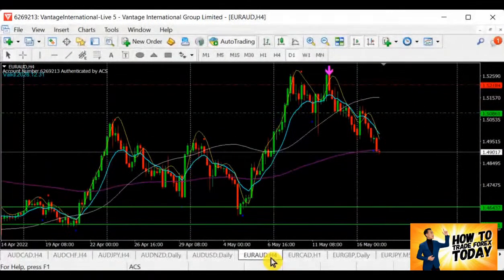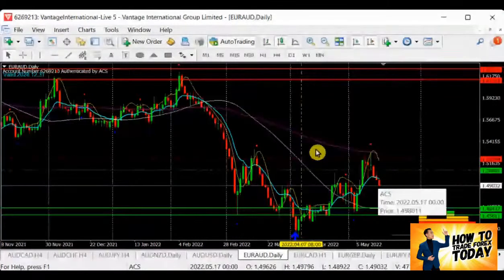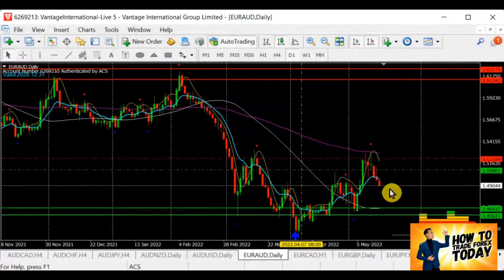All right. Let's move to Euro Aussie over here. As you can see, in the second half of the day yesterday, it actually changed from selling to a buying retracement. Euro Aussie is the same. Yesterday it was buying, then in the second half of the day it started to retrace downward, and now it's showing us that this is in the bull.